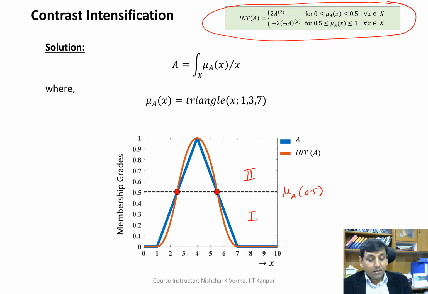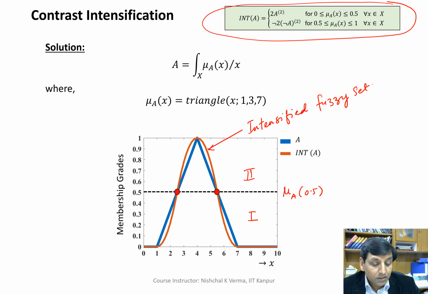So when we apply this contrast intensification for a continuous fuzzy set and plot the intensified fuzzy set, the fuzzy set that was given to us was A, and when we intensify, it will look like this.